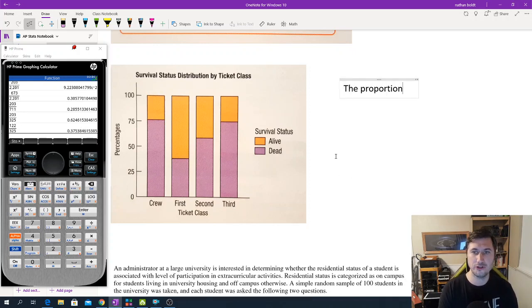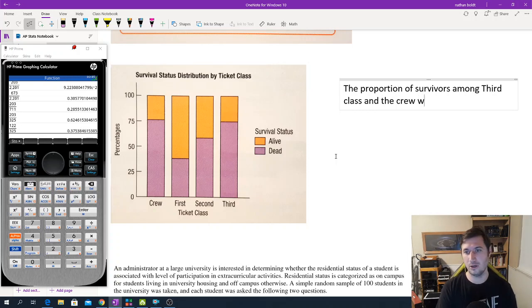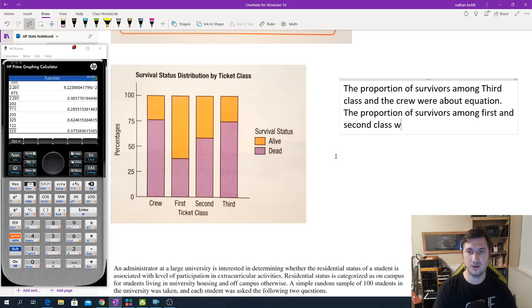So the proportion of, let's do survivors. The proportion of survivors among, what am I looking at here? Among third class and the crew were about equal. And then I'll say the proportion of survivors among first and second class were a lot higher.